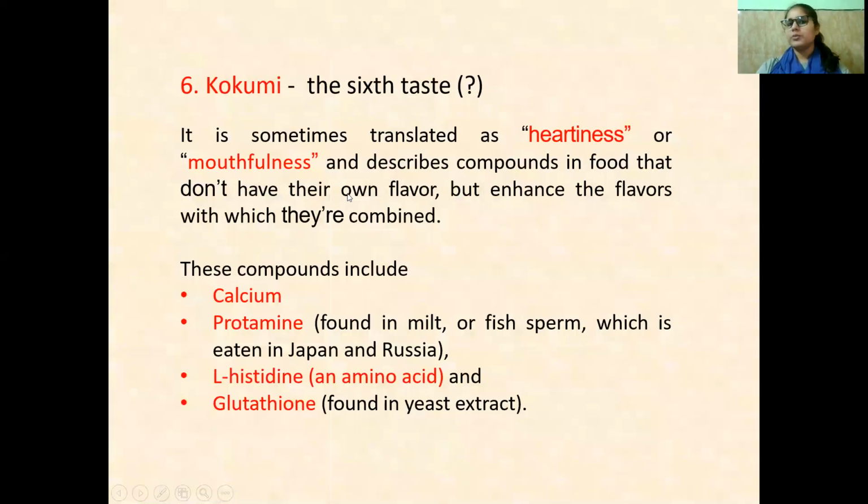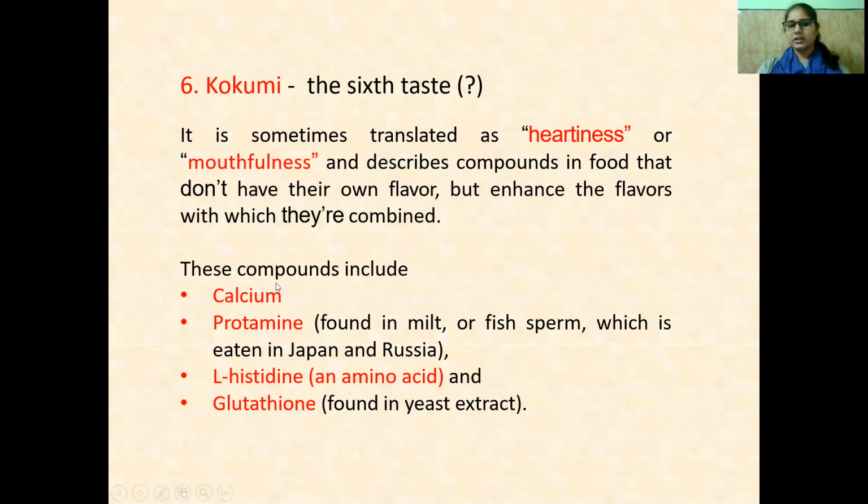Next, we have the kokumi. This is also known as the sixth taste, but it is not recognized further, and it is sometimes translated as heartiness or mouthfulness, and describes compounds in food that don't have their own flavor but enhance the flavors with which they are combined.